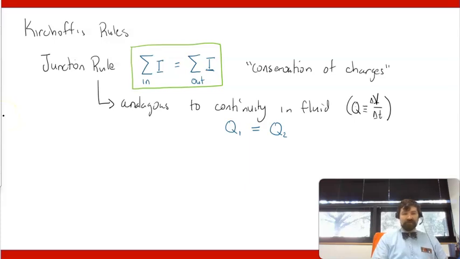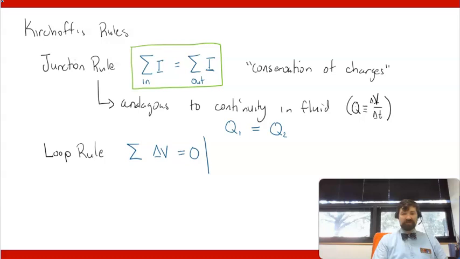The second of Kirchhoff's rules is what's called the loop rule. What the loop rule says is that if I sum up all the voltage drops around a closed loop, then those equal 0. I'm going to write this condition as a little bar with the condition next to it: as long as you're going around a closed loop.